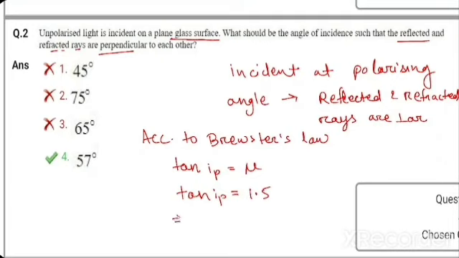Then i_p is tan inverse 1.5, which is approximately 57 degrees. So option 4 is our correct answer.